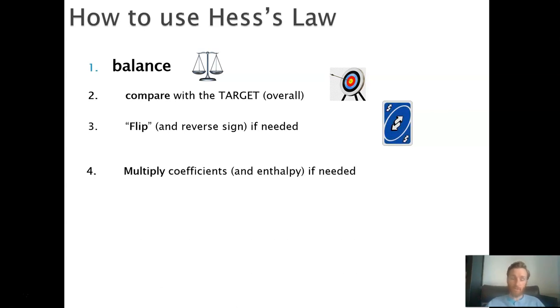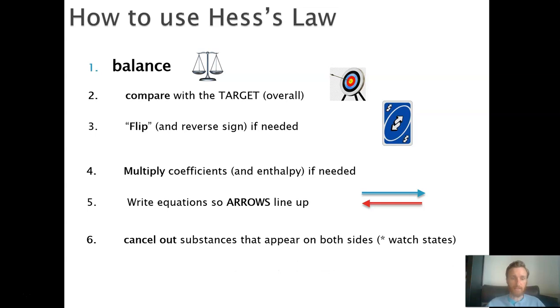We also need to multiply coefficients sometimes if we need to end up with, for example, 5 carbons or 6 carbons. We would need to multiply to make sure that we have the correct number of coefficients. We need to write the equations so the arrows line up, so that we can add or subtract at the end, and we need to cancel substances that appear on both sides. And then at the end we add the enthalpy changes.